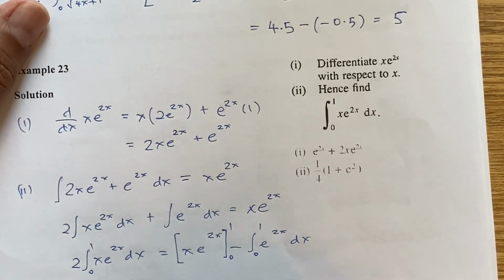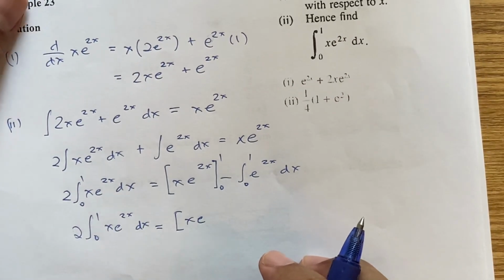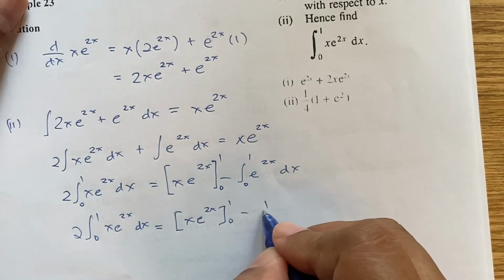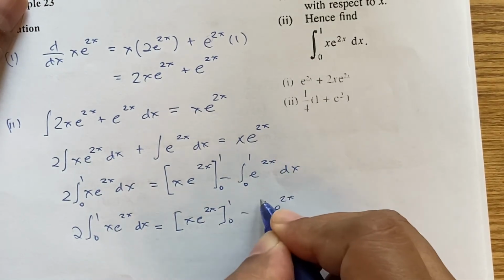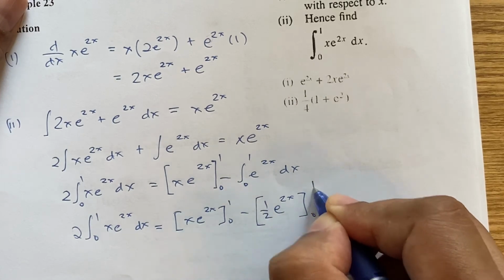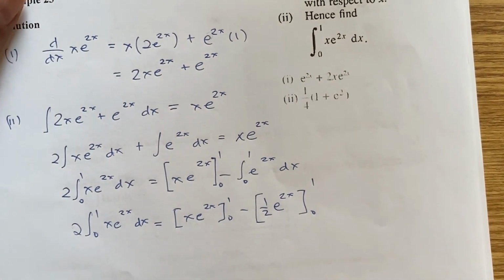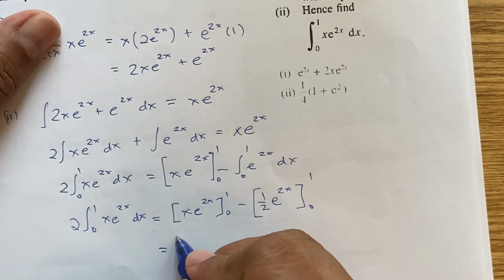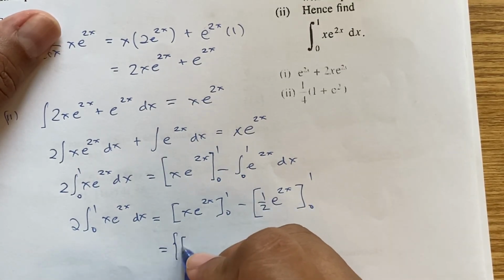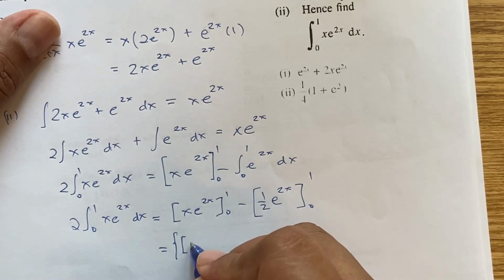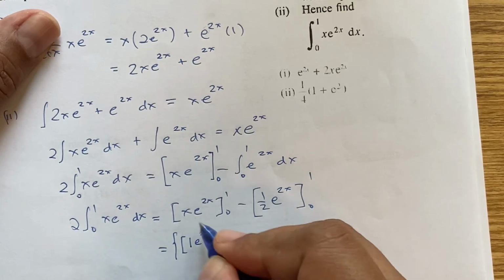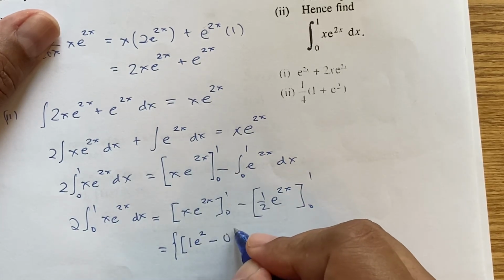Let's say we don't evaluate first. This one will be half e power 2x evaluated from 0 to 1. We do it slowly. We take this one first: 1 times e power 2 minus 0, so this will be 0.